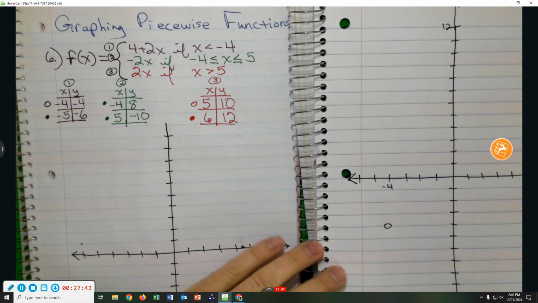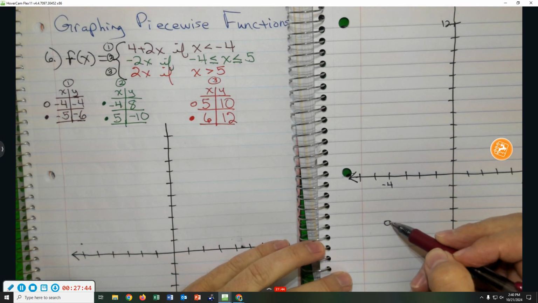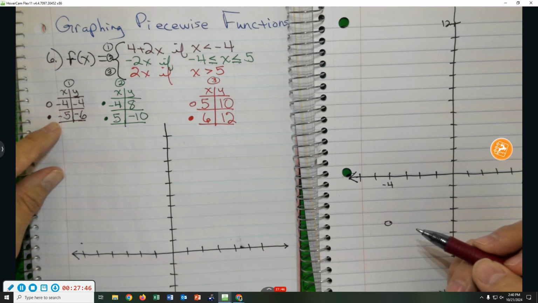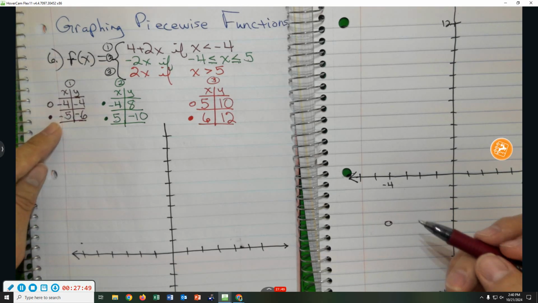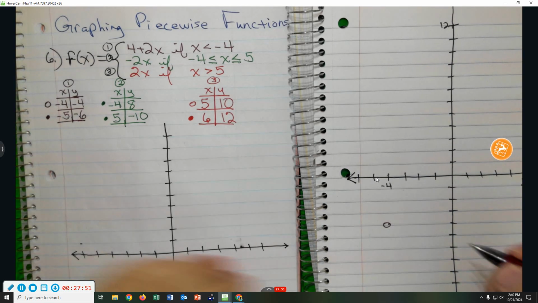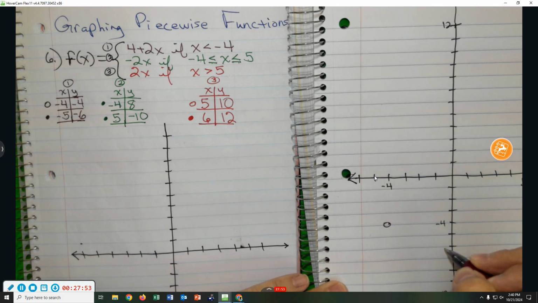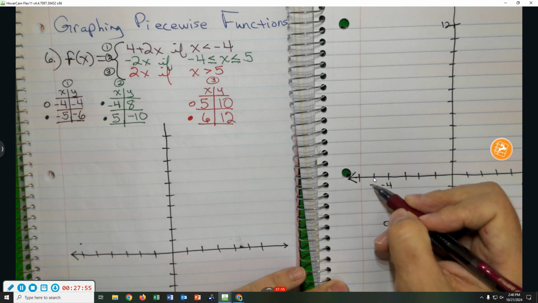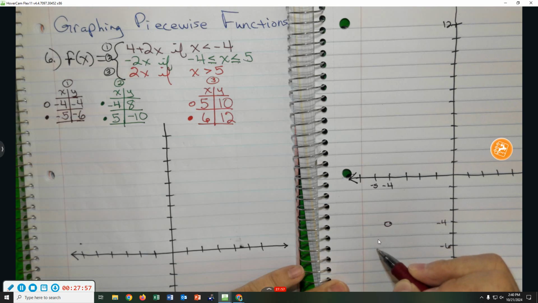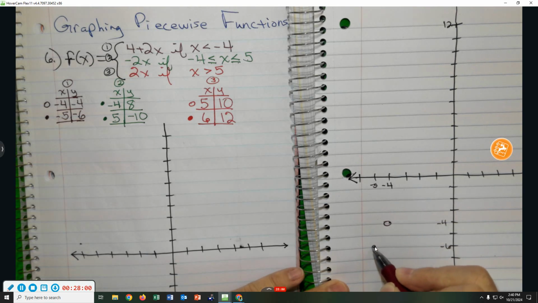We have a regular closed dot at negative 5, negative 6. That's negative 4. So there's negative 5. We go down right there.